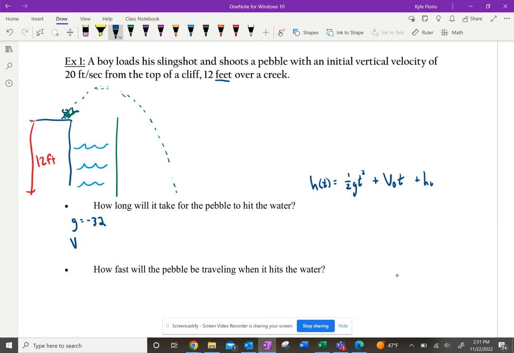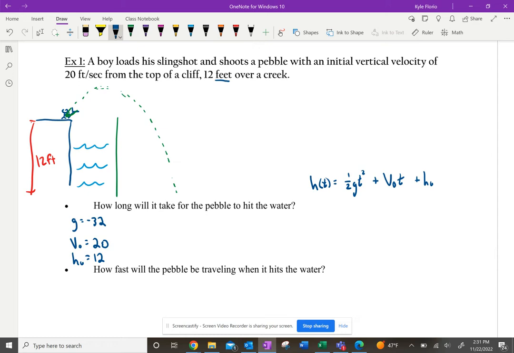The initial velocity is 20 feet per second. In the initial height, he's 12 feet over the water. And we're going to assume that maybe it's a little more than 12 because he's probably not shooting it right off the ground, but we're not going to incorporate that here.